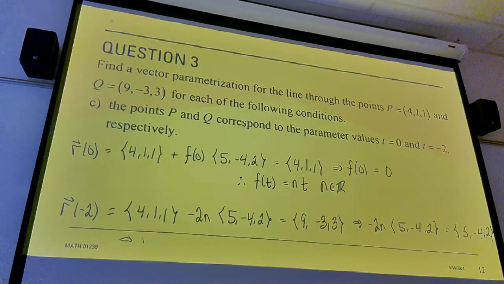So what would n have to be? So there's a parameterization. And that's all the same line, by the way.